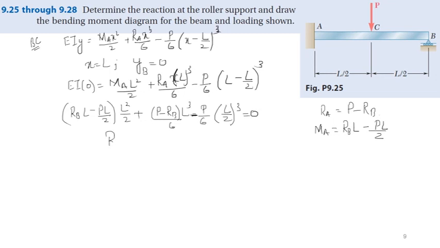So when we solve it, RB will be equal to 5 by 16 times P.